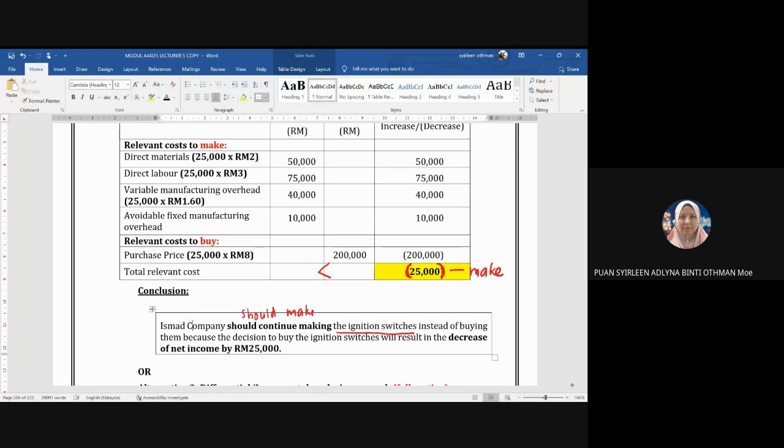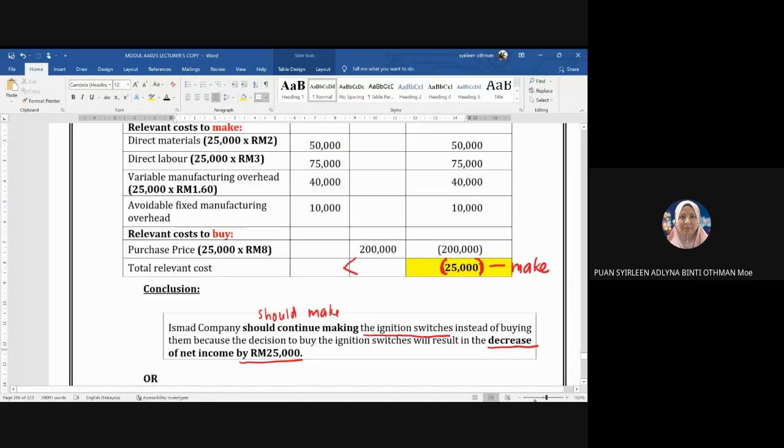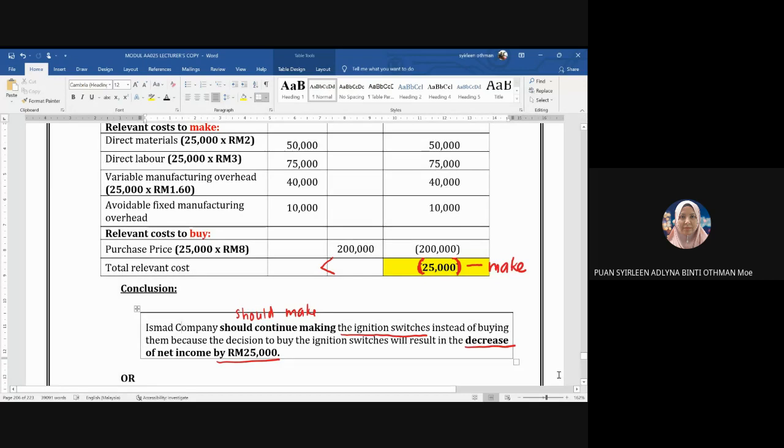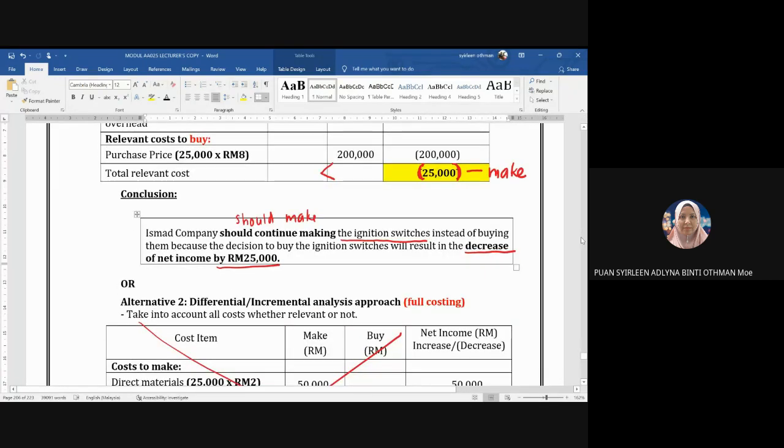Nampak kan dia punya ayat tu is in form of a negative. Dia kata if the decision to buy the ignition switches will result in the decrease of net income. Okay, ini ayat buku lah. Alright, ayat buku. Tapi boleh tak Madam simplify sikit ayat dia?